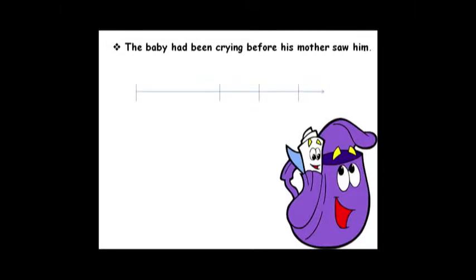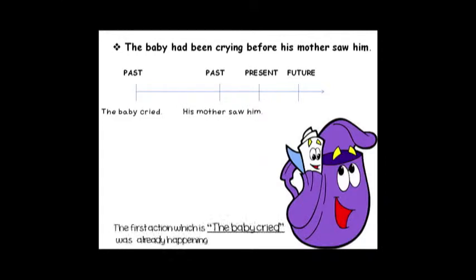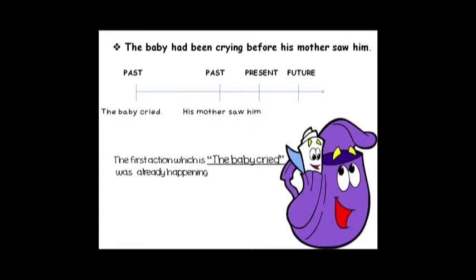The past events, the present and the future events. The first past event is the baby cried. The next one, his mother saw him. The first action, which is the baby cried, was already happening when the second action, which is his mother saw him, happened.